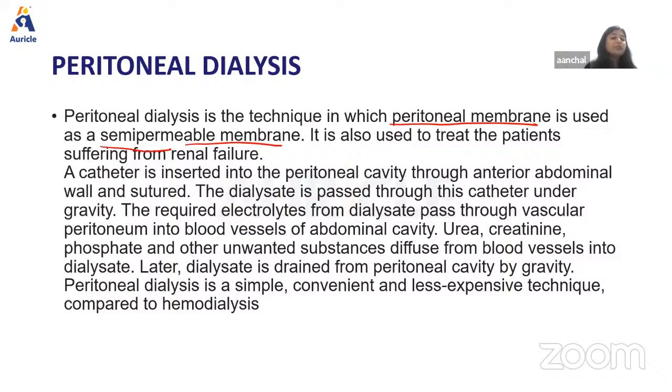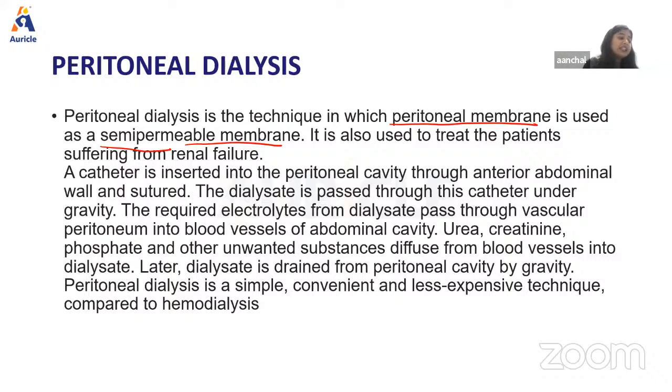So what will be the procedure, how can it be done? Basically, this process is done by inserting a catheter into the peritoneal cavity through the anterior abdominal wall, and then sutures are placed. The dialysate is the fluid that will be used for the purification.